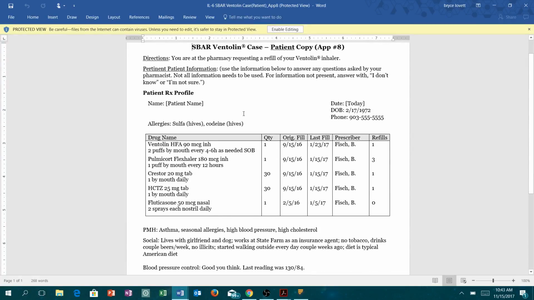So are we doing all of the 3 apps? I think it's just app 8. We're gonna do app 8. App 8, so there's two copies. There's a pharmacist copy. So we can, okay, you want to do the first one? Yeah.